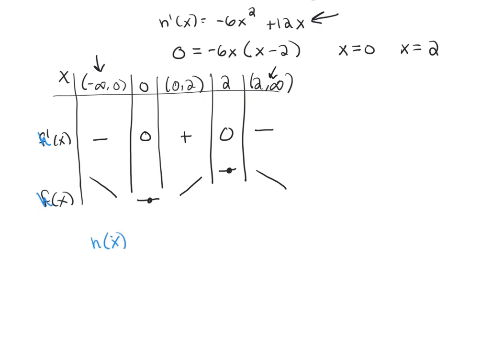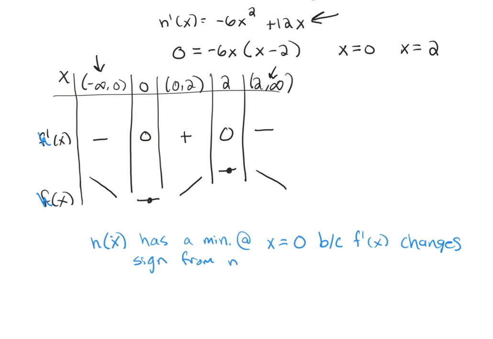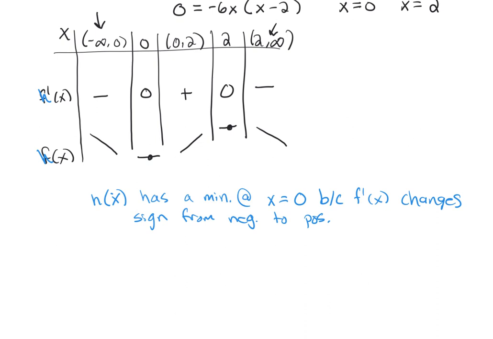So h of x, the original function, has a minimum point at x equals 0 because h prime of x changes sign from negative to positive, and h of x has a maximum point at x equals 2 because h prime of x changes sign from positive to negative.